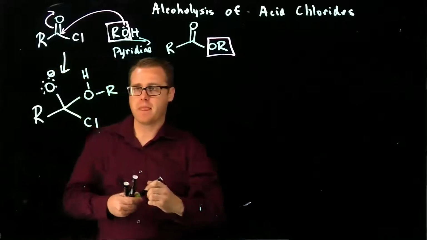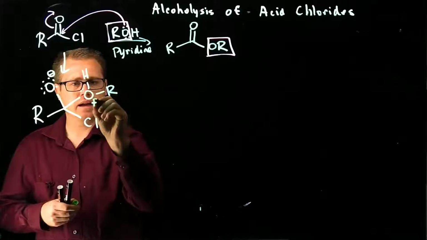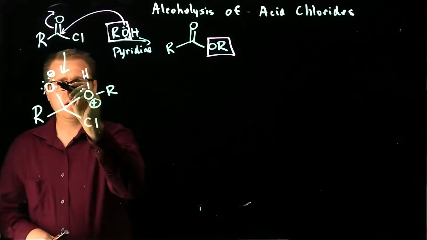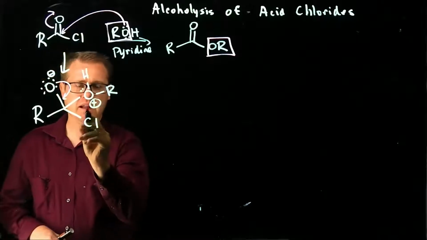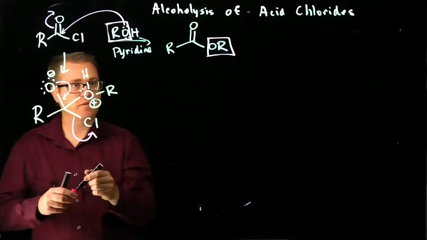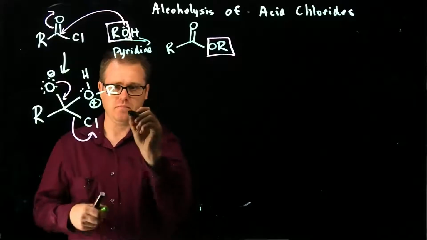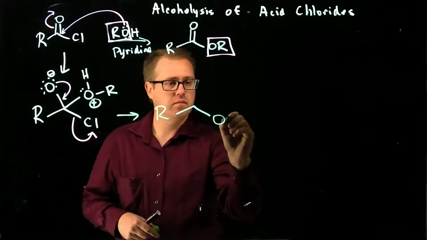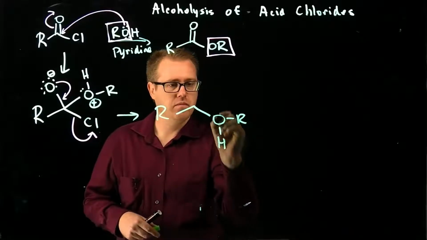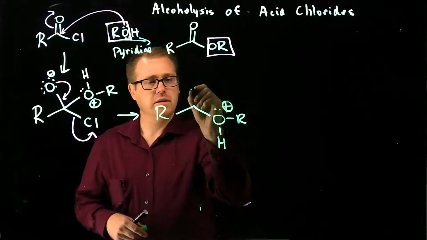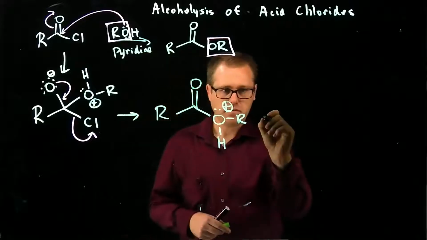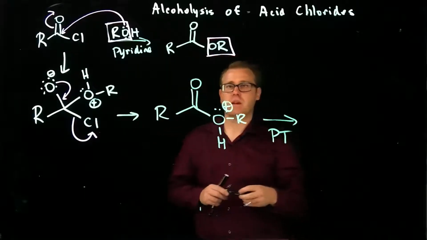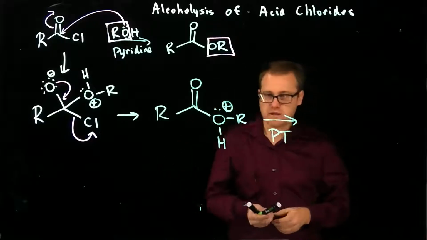Like so. And that guy has to be positively charged because there's 3 bonds on that oxygen. The tetrahedral intermediate is going to collapse, kicking off the chloride. Like that. And then we have a proton transfer step to give us our product.